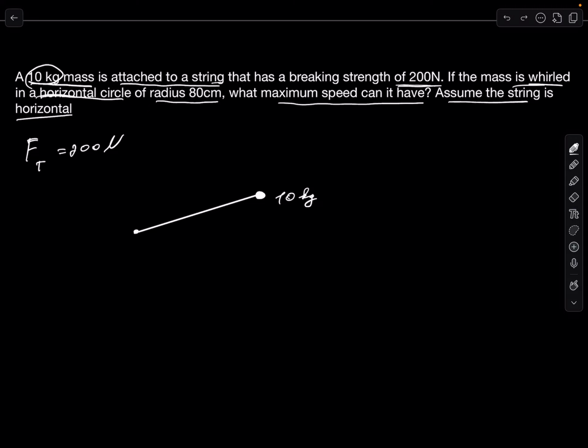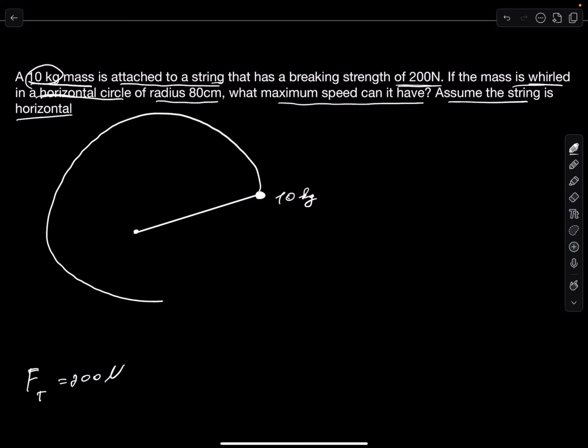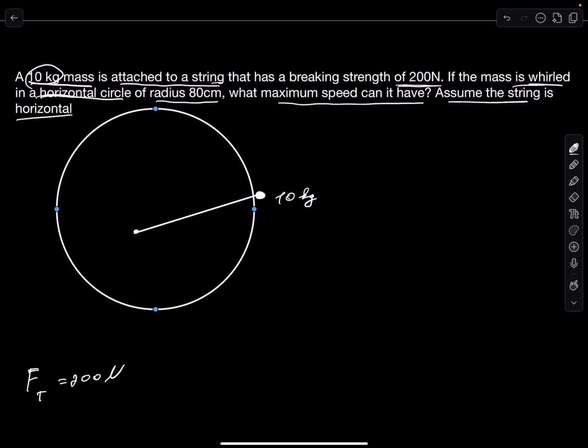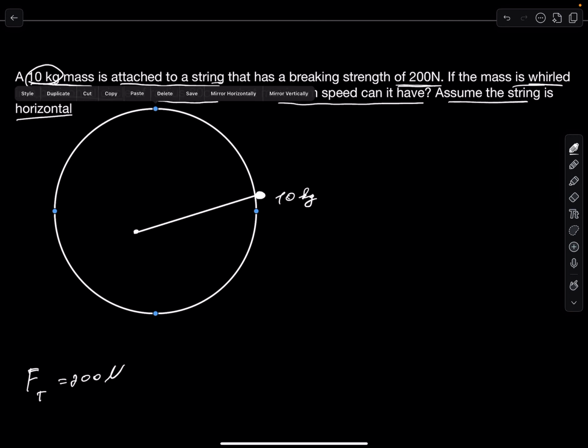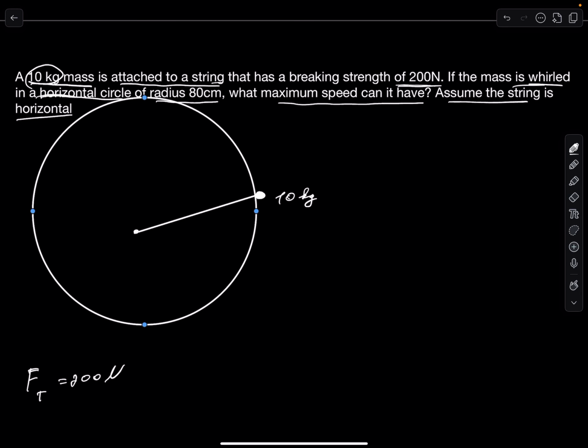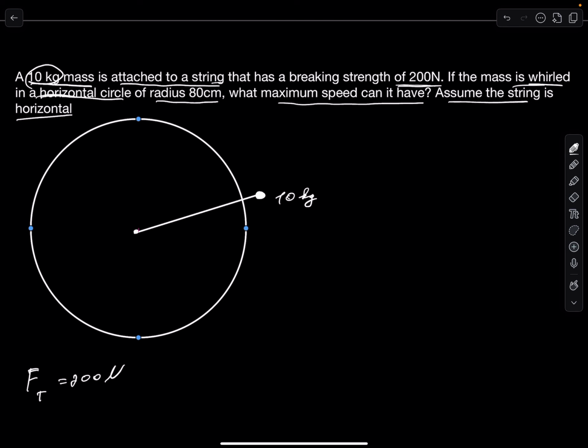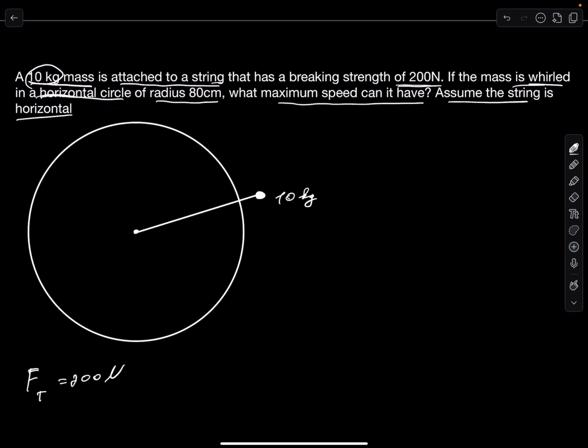Wait, let me just get it out of here. Anyway, say that is our circle. That is not a perfect circle. I am sorry.